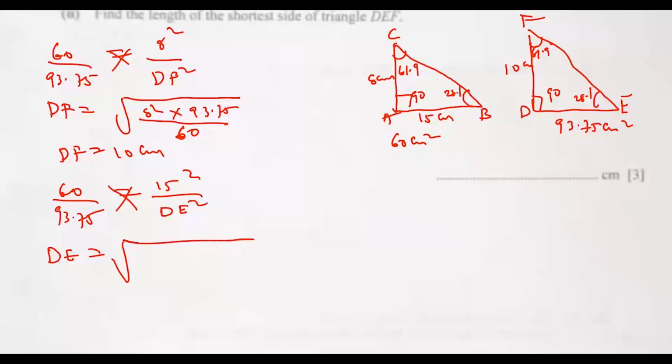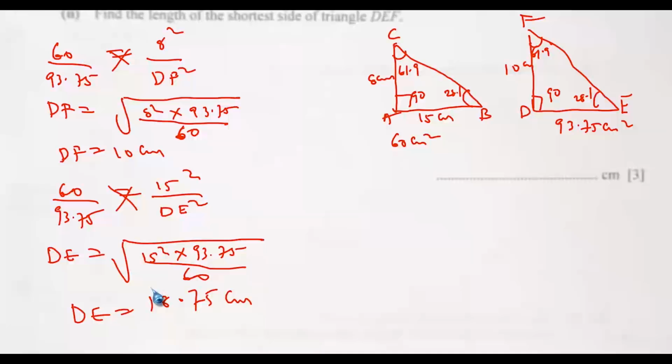I'm trying to save time, so that's why I'm not showing all the workings here. So you can cross multiply, then take the square root of both sides, and you will get 15 squared multiplied by 93.75, then divided by 60. So if you do this, you get the value of DE to be equal to 18.75 centimeters.